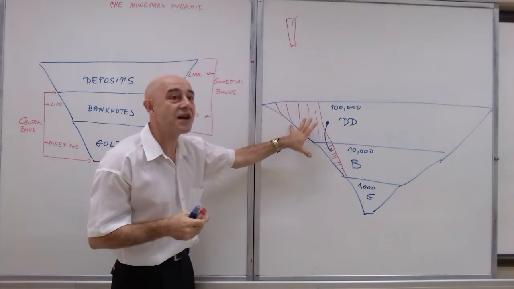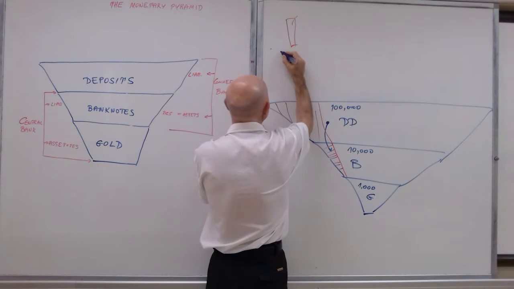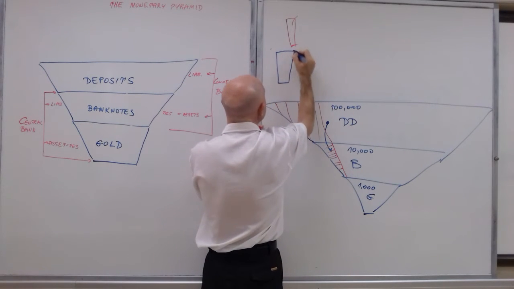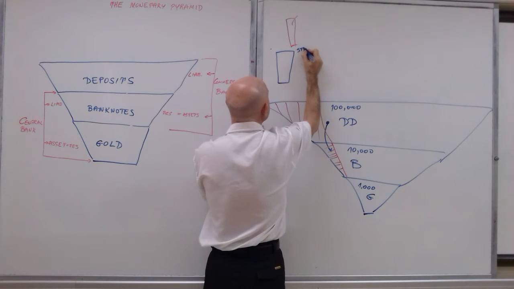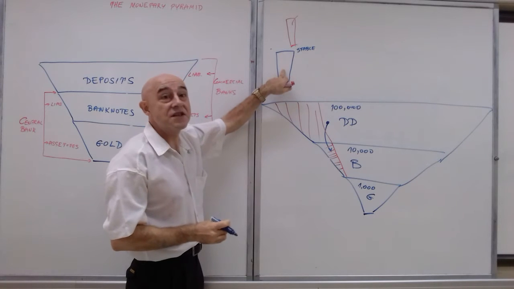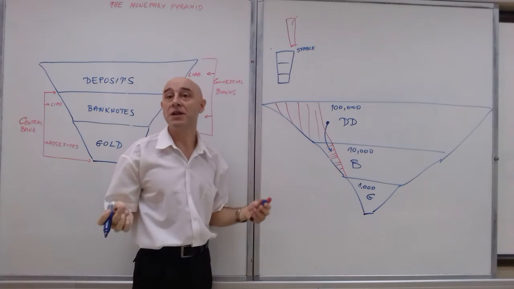Now, the next thing is, again, very simple. Let's write a picture. This type of pyramid is stable. It's a very small multiplier.